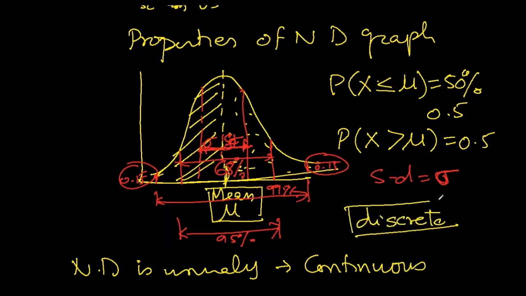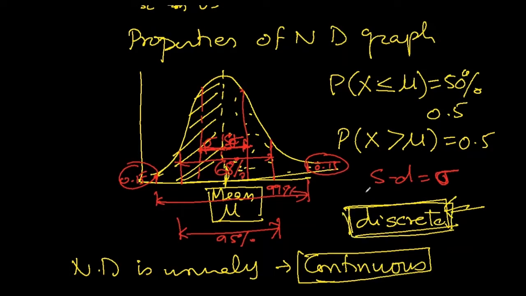For discrete data, we usually use other probability distributions like geometric and binomial. For continuous data, we use the normal distribution. For discrete data, in some cases we can use the normal distribution. We'll talk in coming videos about when we can use normal distribution for discrete data as well. That's all about the normal distribution of probability. Let's summarize and see you in the next video.